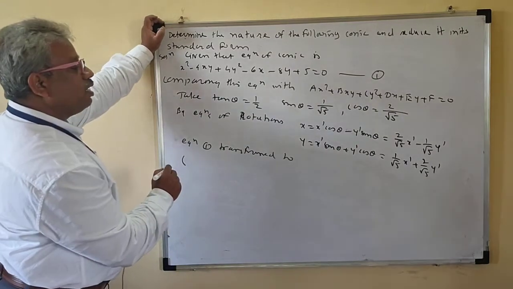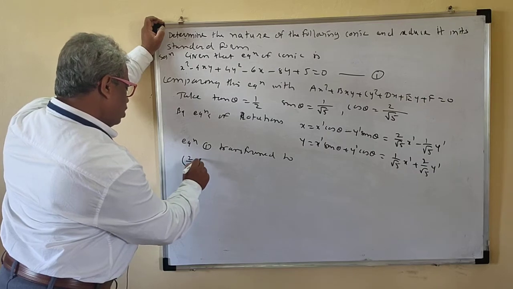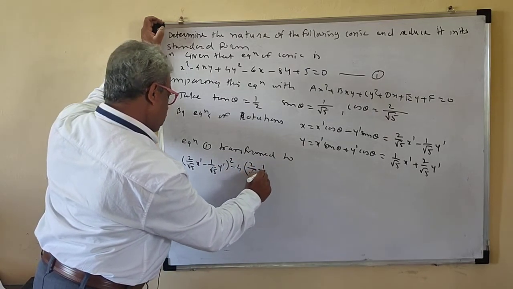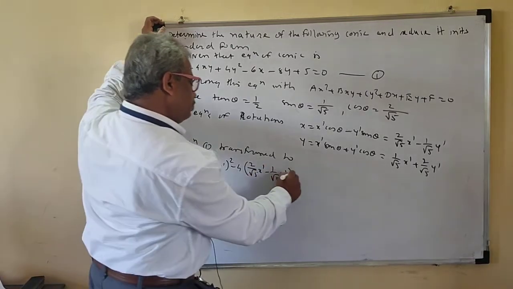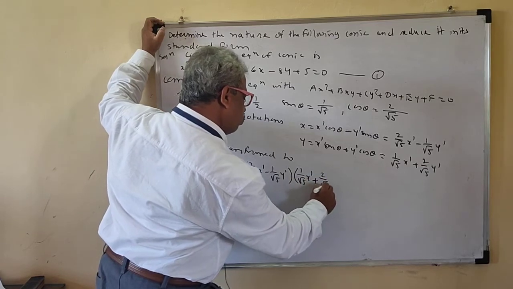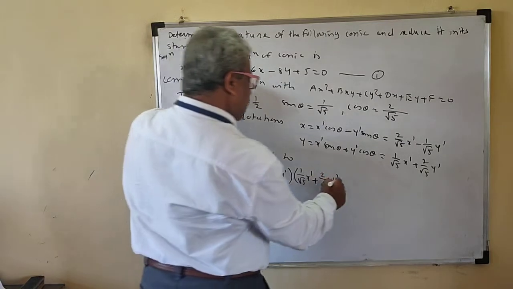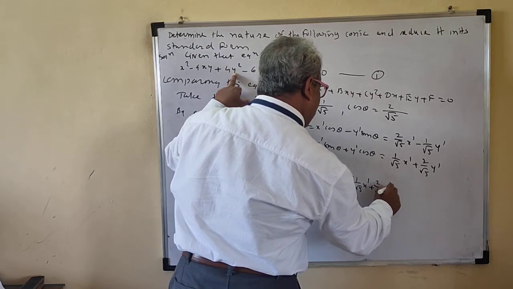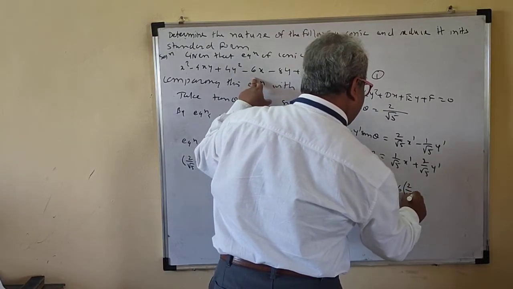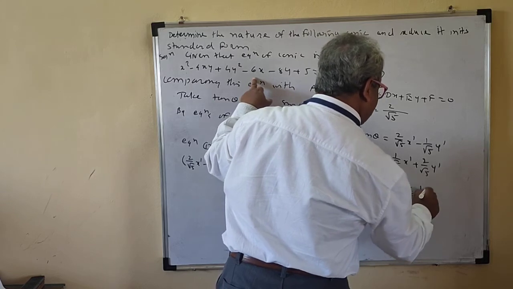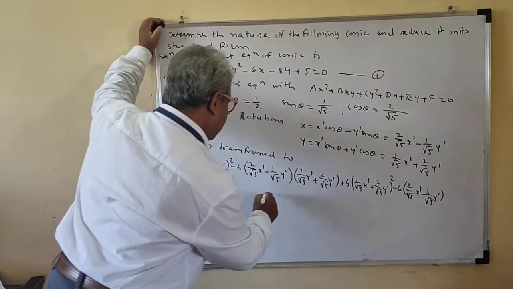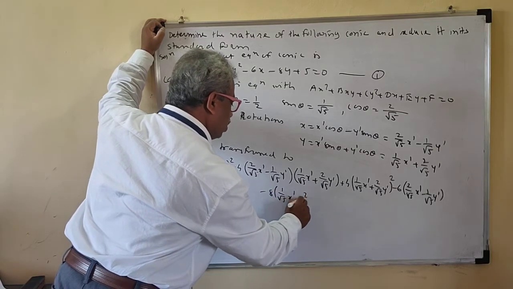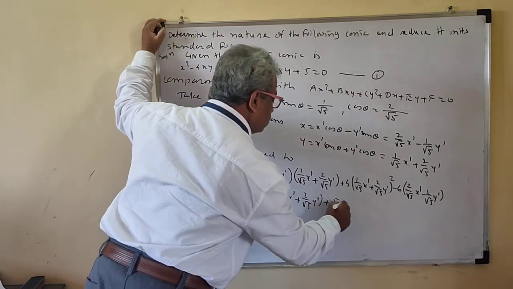Okay. So now your x is what then? X is 2/√5 x prime minus 1 by root 5 y prime, square, minus 4 times 2 by root 5 x prime minus 1 by root 5 y prime times 1 by root 5 x prime plus 2 by root 5 y prime, plus 4y square, minus 6 times 2 by root 5 x prime minus 1 by root 5 y prime, minus 8 times 1 by root 5 x prime plus 2 by root 5 y prime, plus 5 is equal to 0.